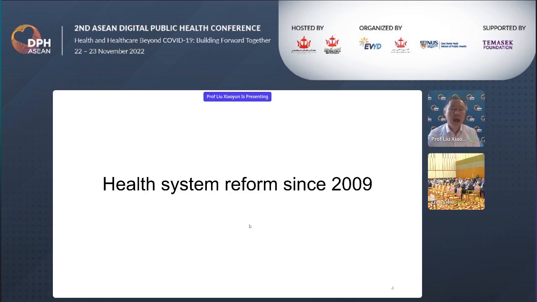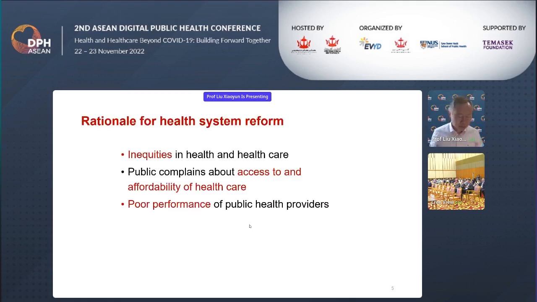This is an overall and ambitious reform plan in China. So why did we have this reform? Before the year of 2009, inequity in health and healthcare was a big problem in China.